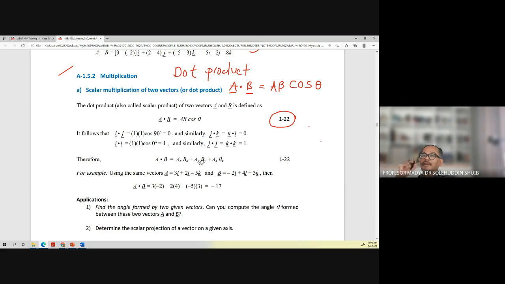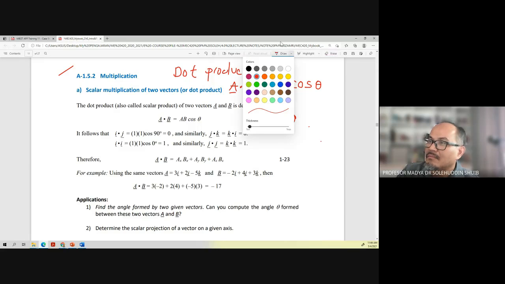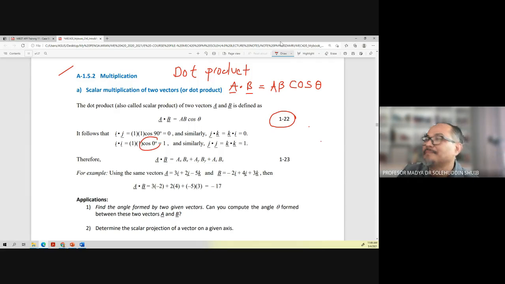If the unit vector is multiplied on its own, so i dot i, j dot j, k dot k, the answer will be 1 because of cos 0. So you get 1. Therefore, you are going to get this formula.